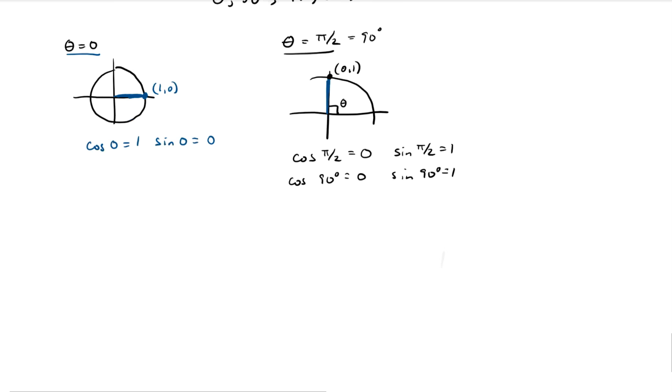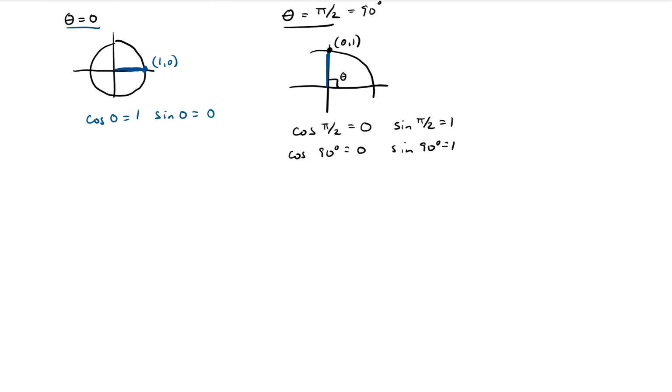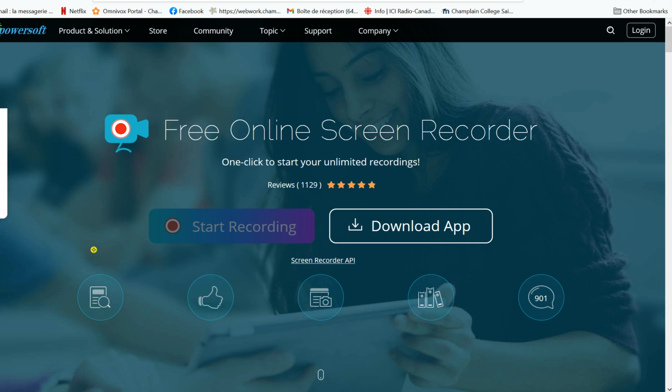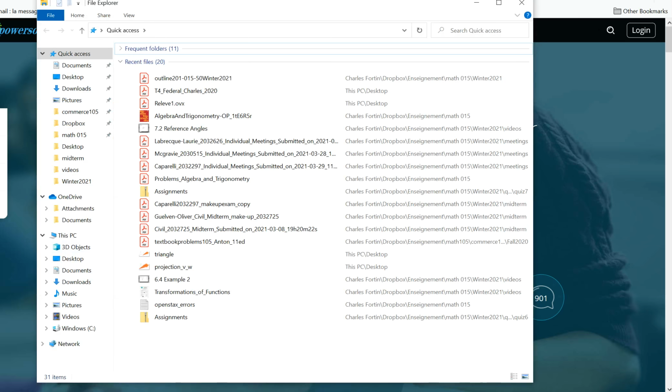Let's look at pi over 6 now. Well, actually, let's start with something slightly easier: pi over 4, which is 45 degrees. To get the values of sine and cosine, we first work on a triangle.